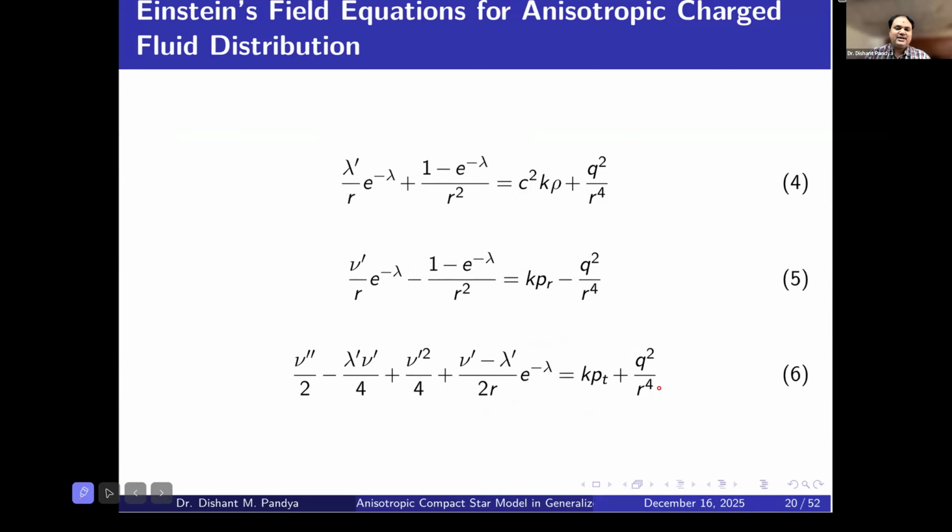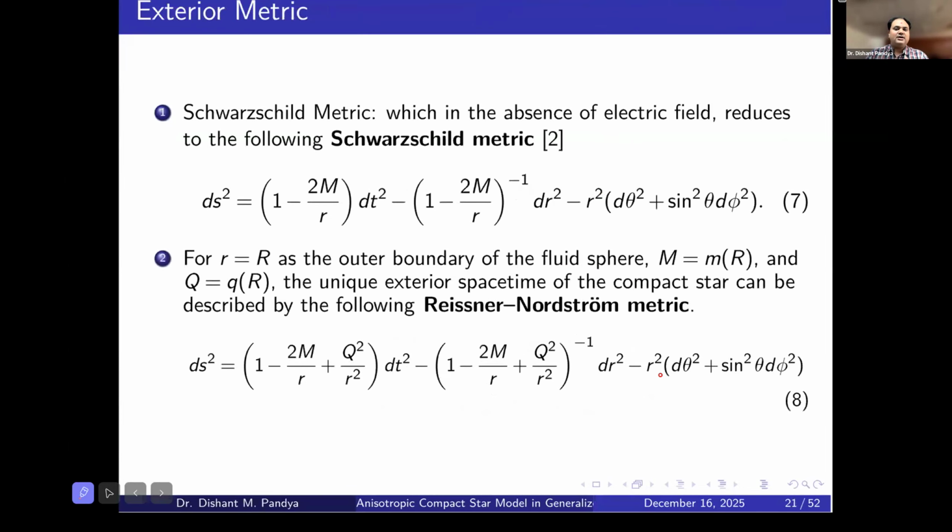So these equations give us the behavior of the charge as well. You can see here some extra terms containing this Q that is related to charge. So we have a very simple connection here with isotropy, with anisotropy, and with charged matter.